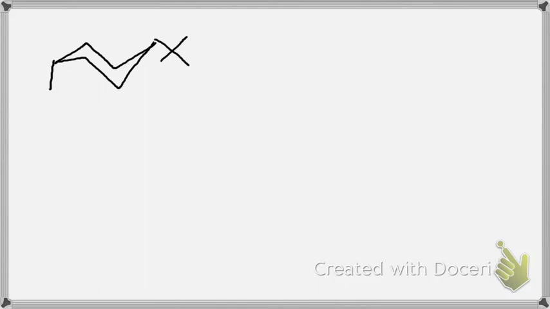Okay? So here we have the cis 1,4 tert butyl methyl cyclohexane. All right, that's 1 chair conformation. Can you draw the other chair conformation after the chair flip? Let's try it.